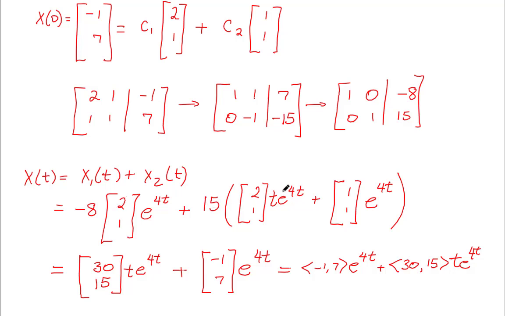Minus 16 plus this 15, I get a minus 1. I get a minus 8 and a 15, so a positive 7. And so we finally have our solution, even though we had a repeated eigenvalue which only had one eigenvector.